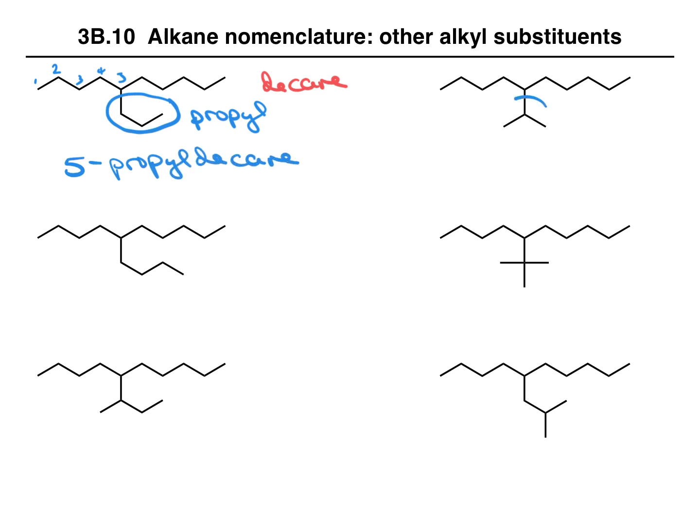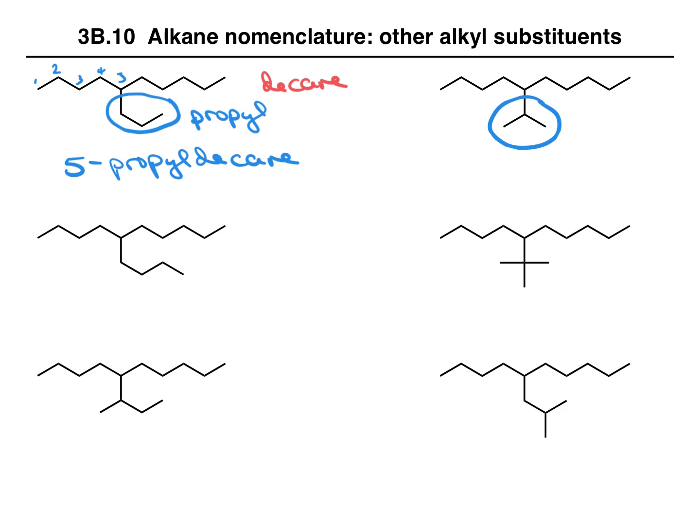Now over here, we actually have two options for how to name this substituent. We can use a combination of common name and IUPAC. Remember that the iso is used when we have a methyl branch off of carbon 2.